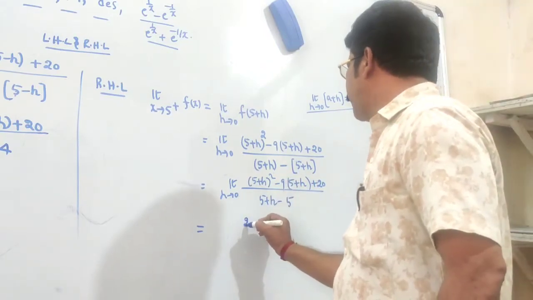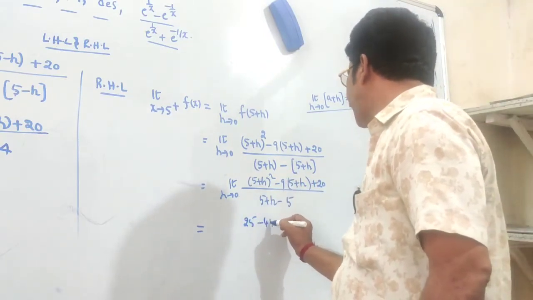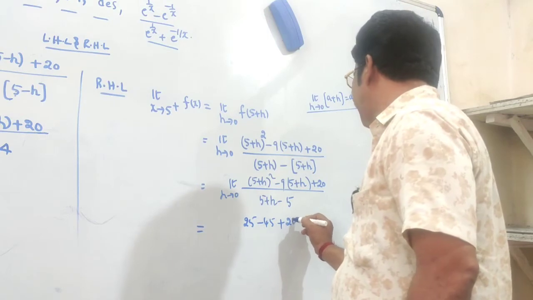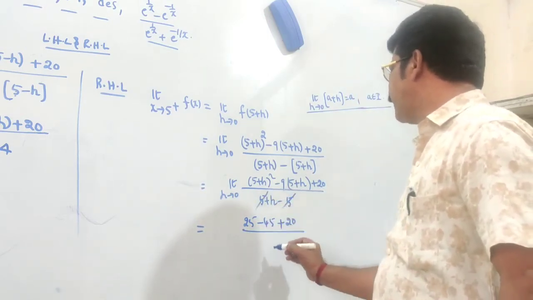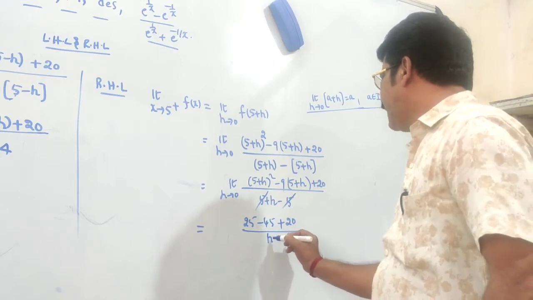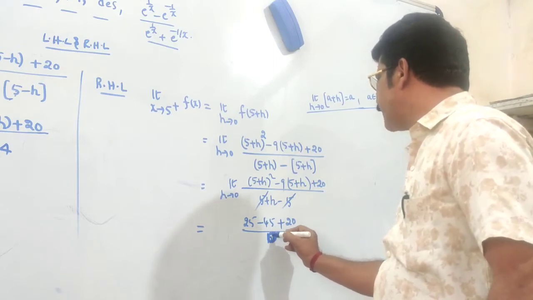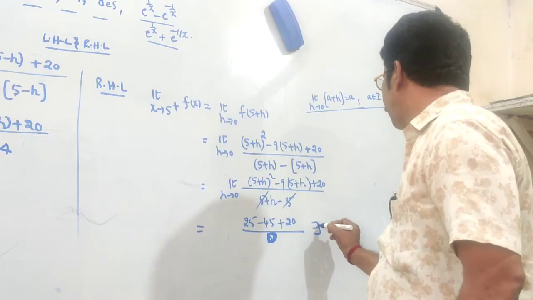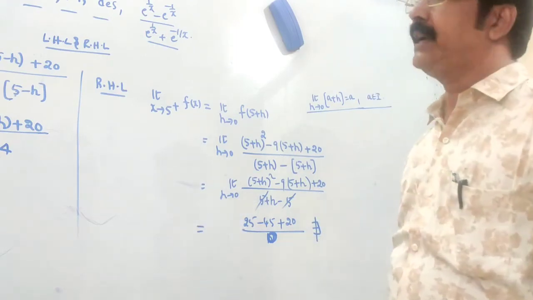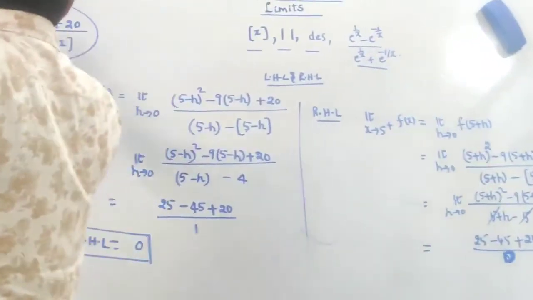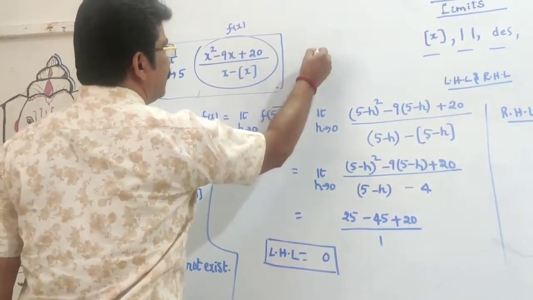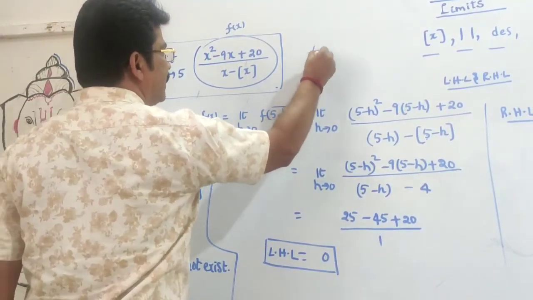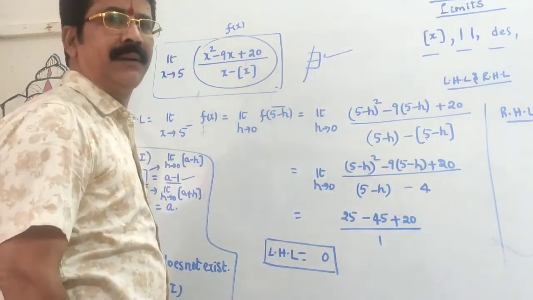So it is 25 − 45 + 20 divided by h, since minus 5 plus 5 cancels. Here h means we are putting 0, therefore the limit does not exist. Hence the total limit as x tends to 5 of f(x) does not exist. This is the right answer.